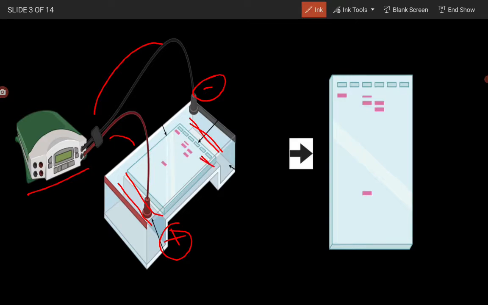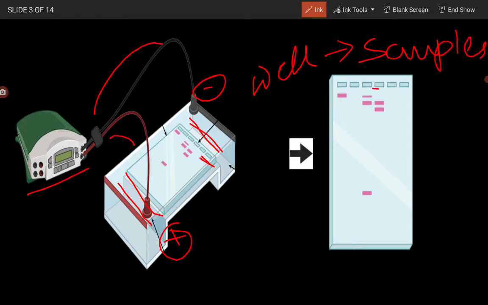We put the samples inside the wells of the gel using a pipette.